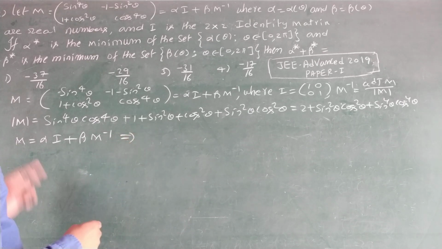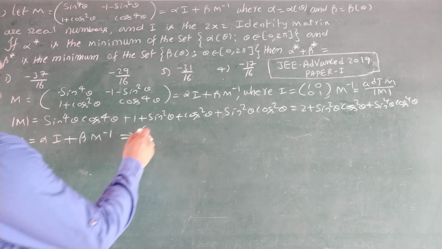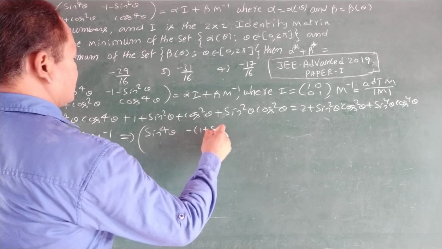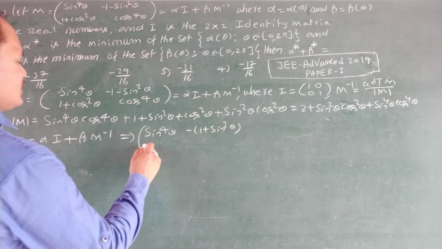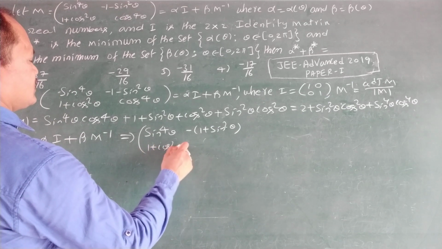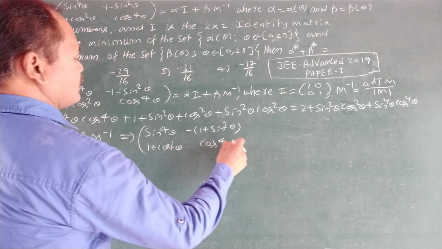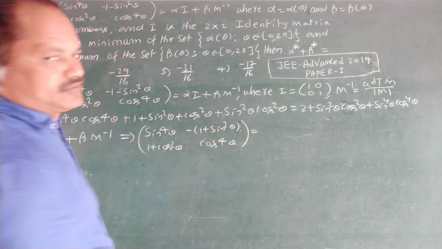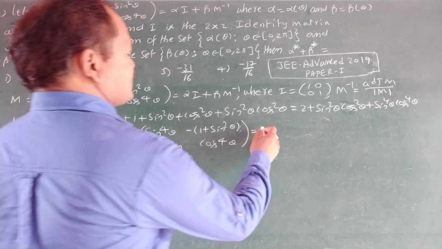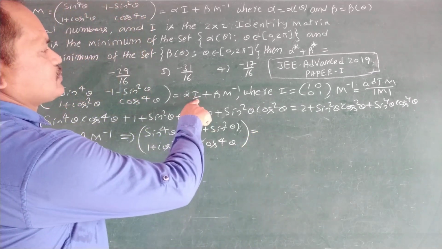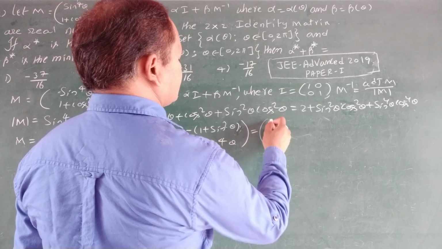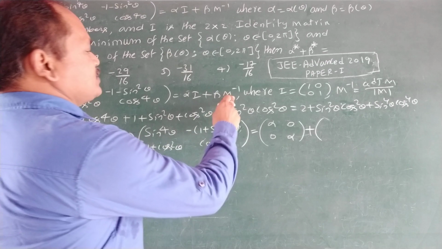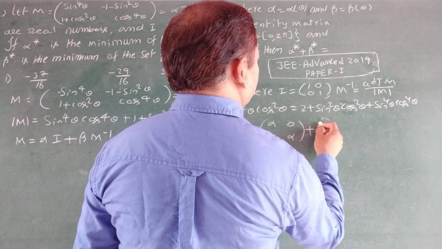From this, M is the given matrix [sin^4 θ, −(1 + sin^2 θ); 1 + cos^2 θ, cos^4 θ] equal to αI, which means α times the identity, [α 0; 0 α], plus β M inverse.